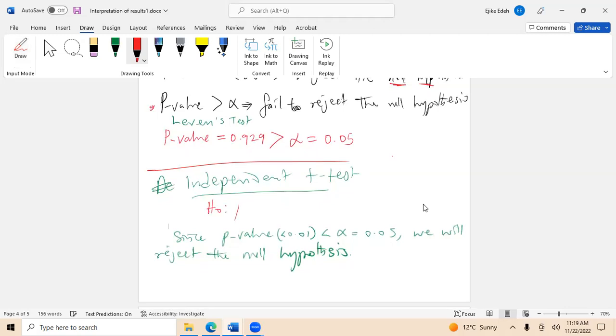H0 here is that the mean height of the group of males is equal to the mean height for females. And the alternative, H1, is that the mean height for males is not equal to the mean height for females, right? Since our p-value is smaller than alpha, normally this would be an actual number, but because it's so small, SPSS just says less than 0.01. So because our p-value is smaller than alpha, we will reject the null hypothesis.